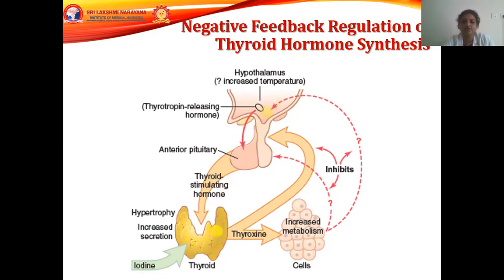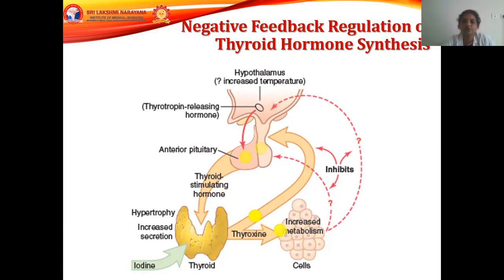Once the level of thyroid hormones increases in the circulation, homeostasis has to be maintained so that the thyroid hormones don't get secreted beyond the normal levels in excess.